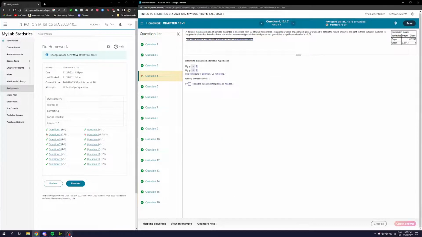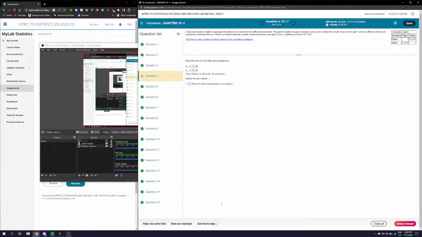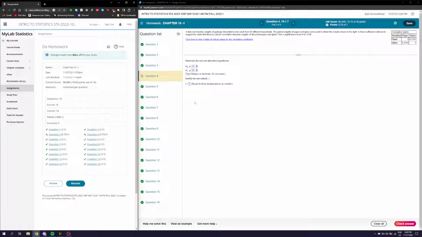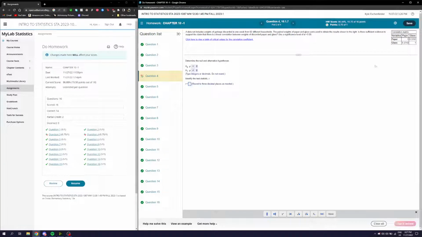Oops, I forgot. Okay, I remembered. I just clicked view an example. It's this number and this number, but it wants to round to 3 decimal points, so we're gonna do 3, 7.